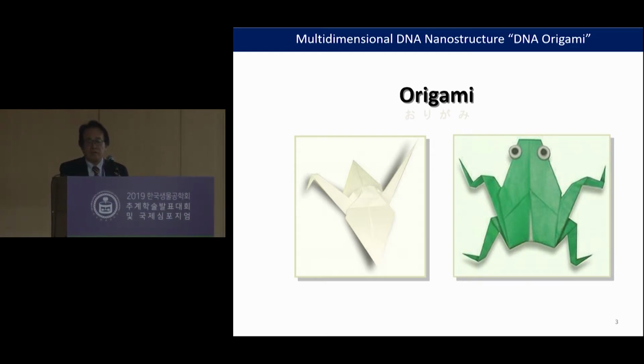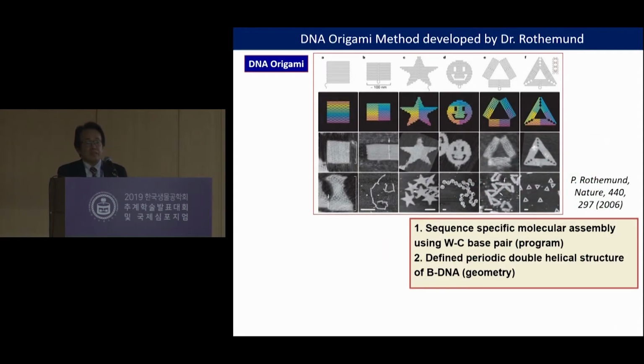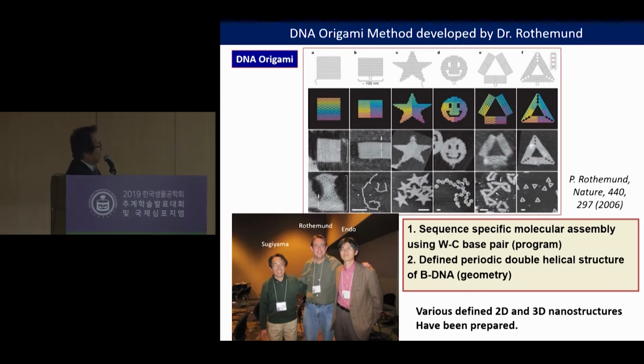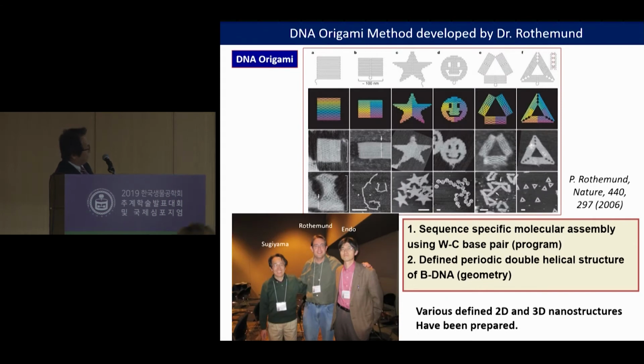Now people gradually realized that DNA can be used for that purpose too. This is the first DNA origami paper, published in Nature in 2006 by Paul Rothemund.